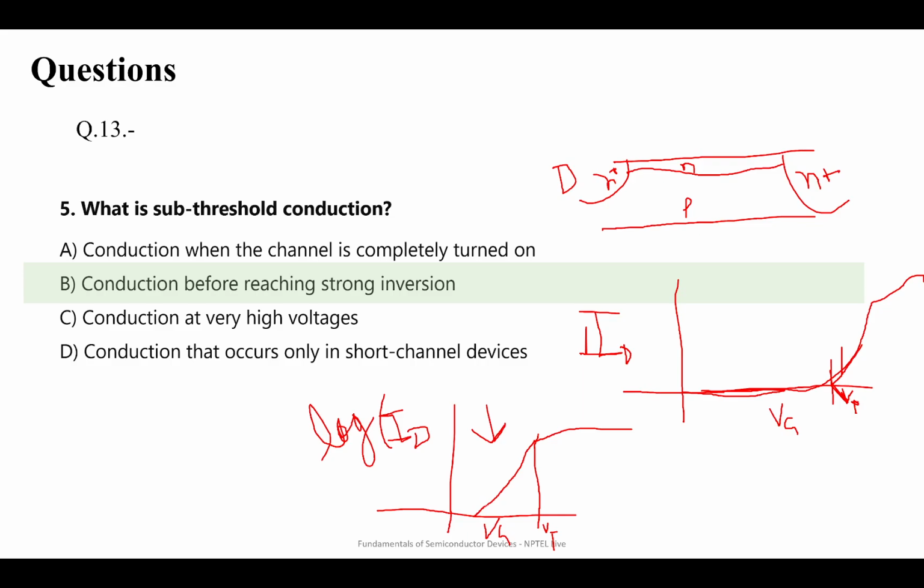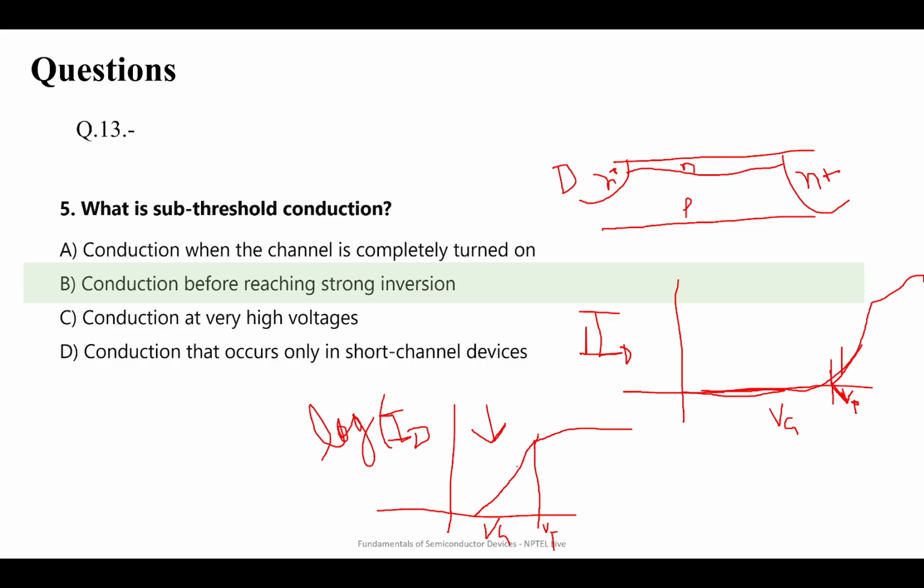Below threshold, you have a high dependence of your current on VG, but you won't be able to see that in your linear scale, because your on current is very high. All that effect is hidden at a very fine scale. So you have to go to log scale to see that dependence, and you will see this type of curve.